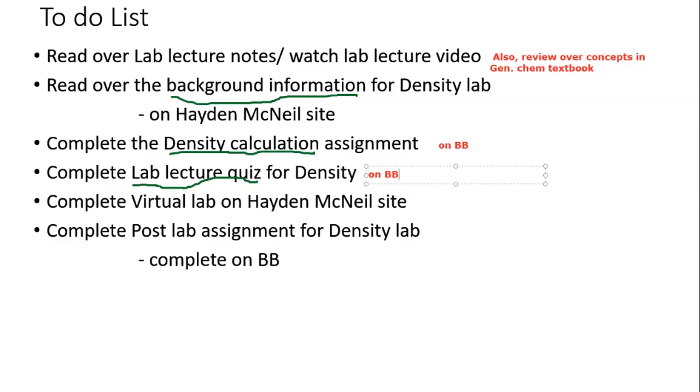Make sure you take notes of your observations and measurements. Once you complete the virtual lab, do all the virtual lab questions on the Hayden McNeil site. Then you go and complete the post-lab assignment on Blackboard. This is what you should be working on for Lab 2.